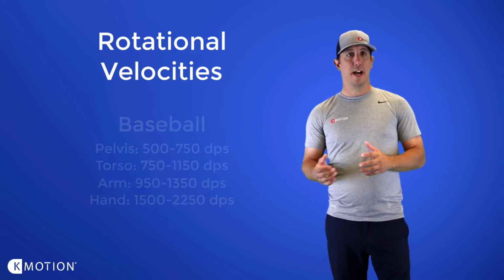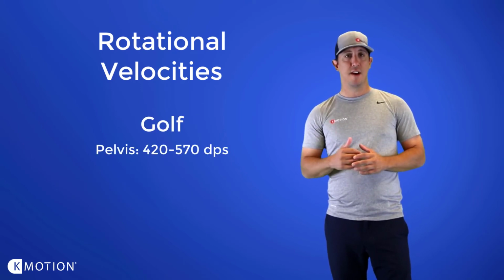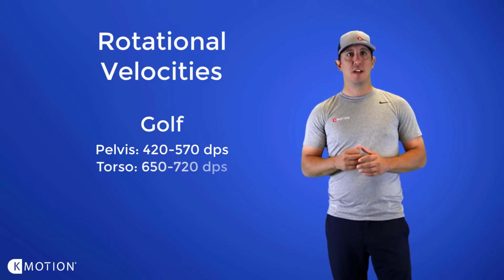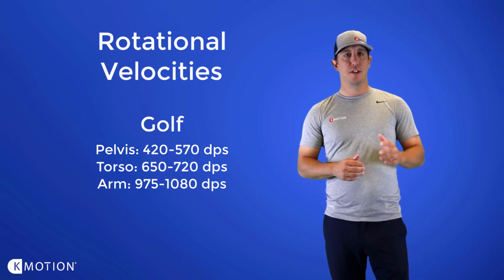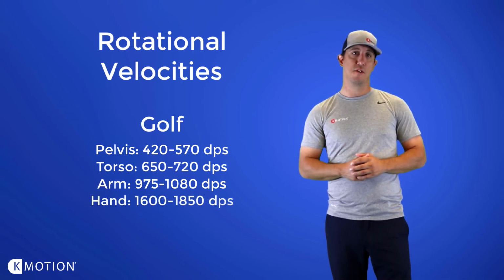On the golf side, they're a little bit lower than that. We have 420 to 570 for the pelvis, which is your pro range, 650 to 720 for the torso, 975 to 1080 for the arm, and then finally 1600 to 1850 for the hand.